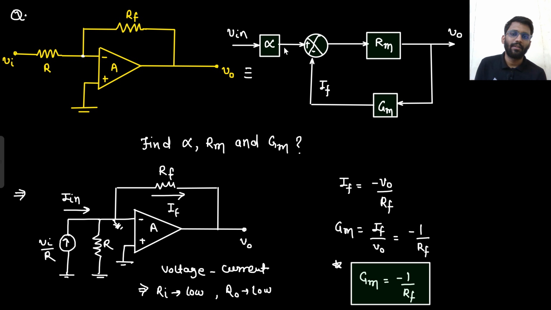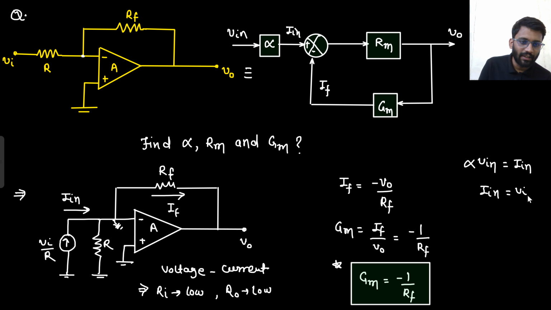One more thing I have found. What is my input? This is my input. So alpha Vin is equal to Iin. And here it is given that Iin is equal to Vin by R. The input current is Vin by R. So what do you understand by that?